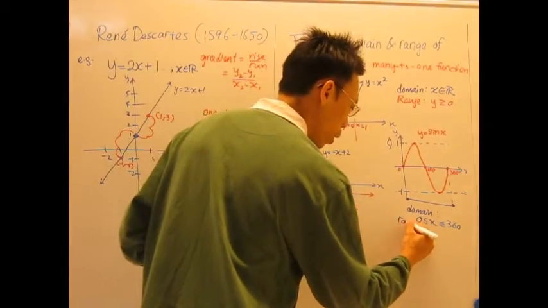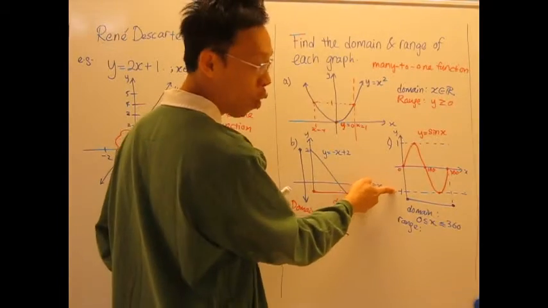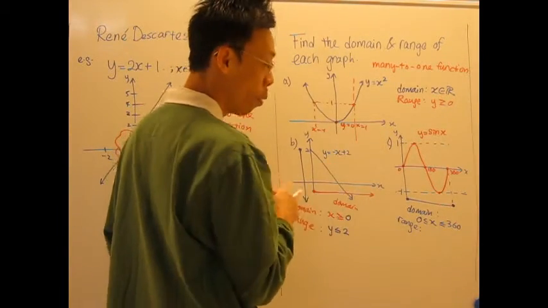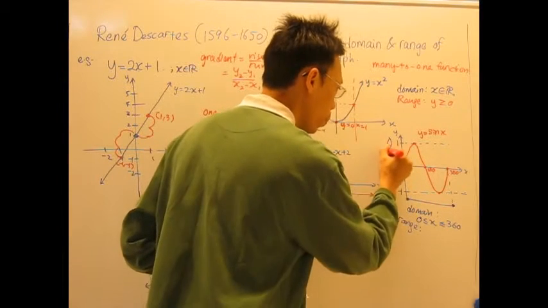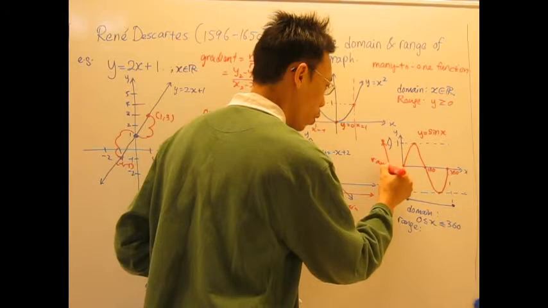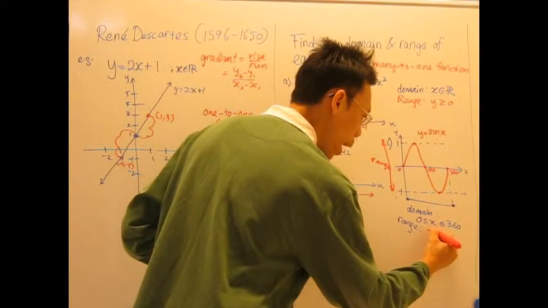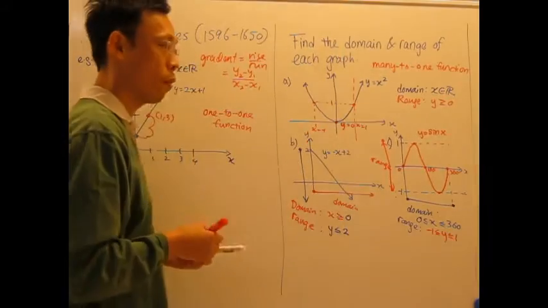And the range actually only goes from negative 1 to 1. So the range here is from negative 1 to 1, also inclusive.